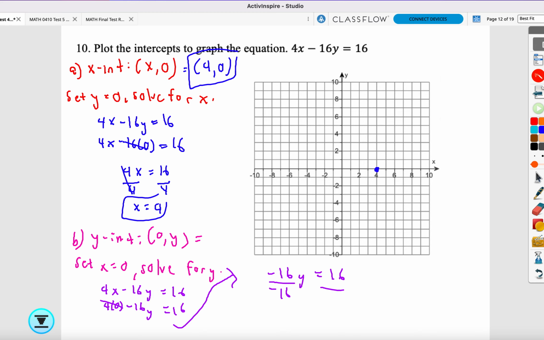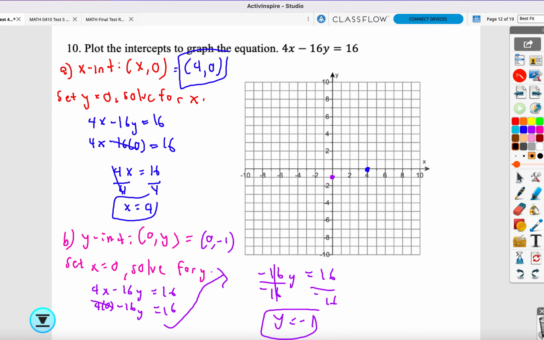Divide both sides by negative 16, we get y equals negative 1. And as an ordered pair, that is 0, comma negative 1, which is right here. And then you get your line tool from MyMathLab. There you go, and you're done.